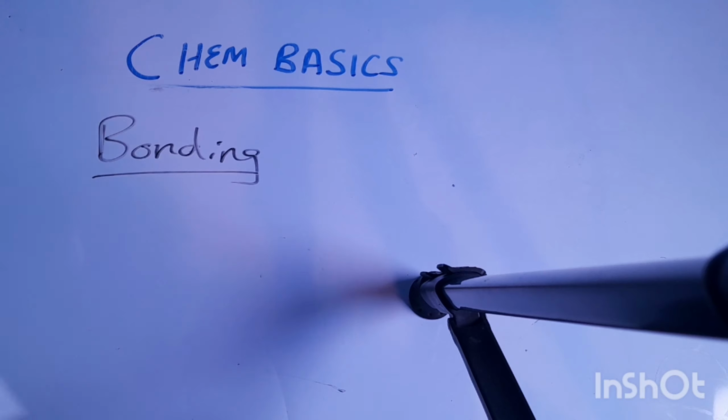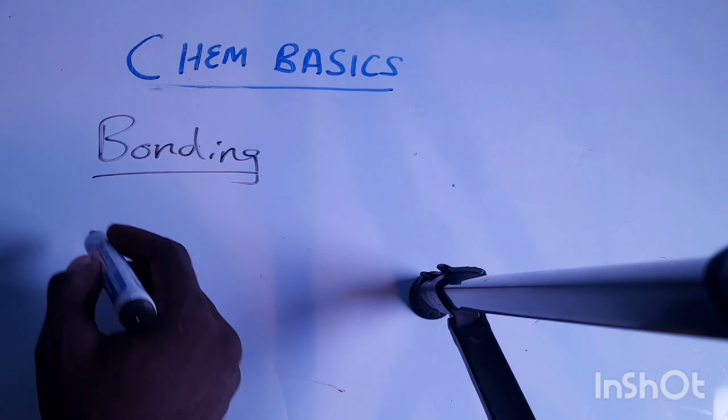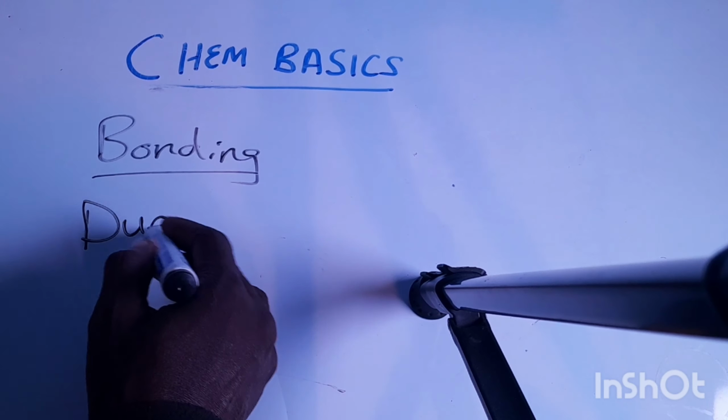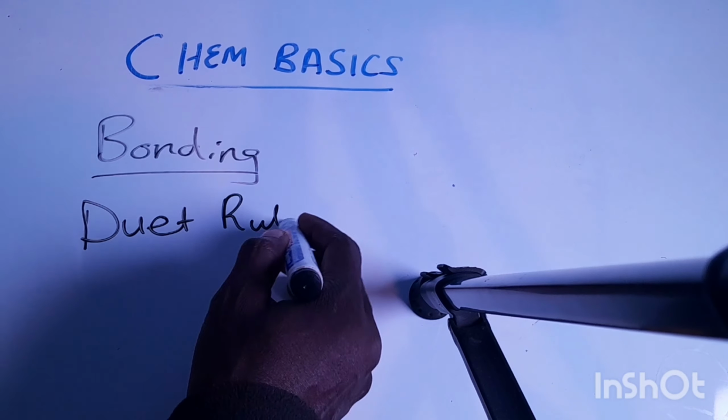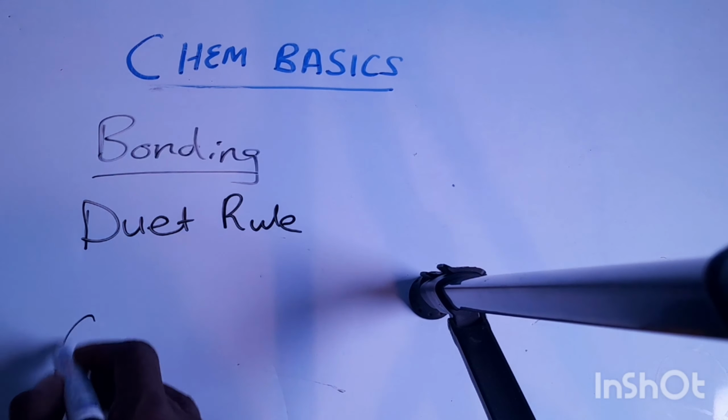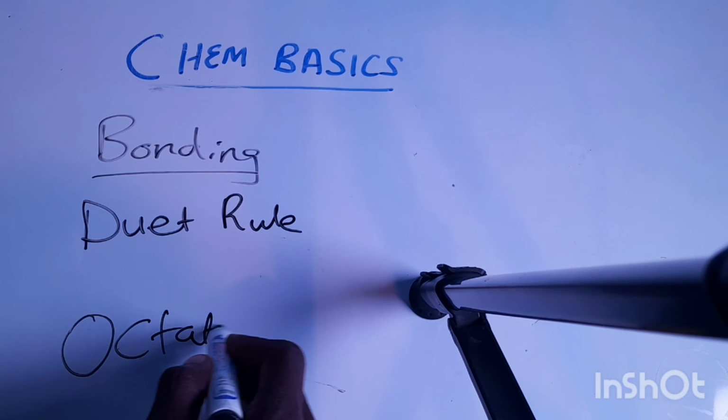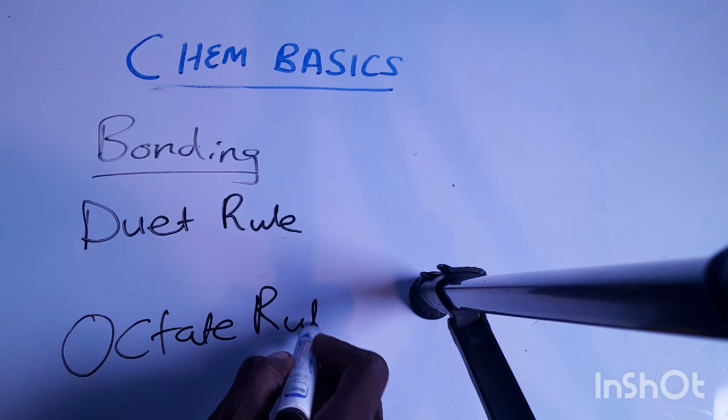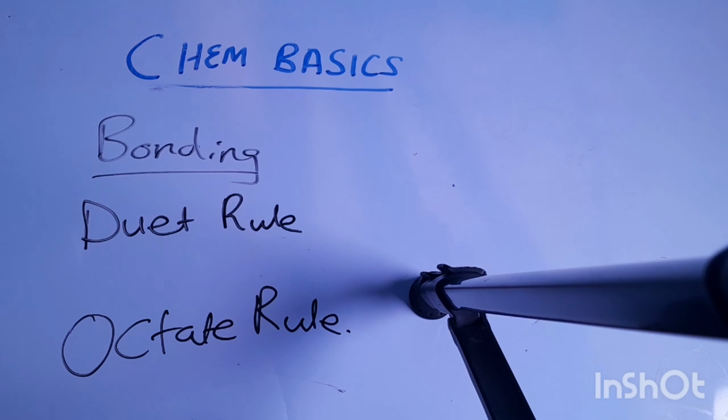For elements to bond, they follow one of two rules: the duet rule and the octet rule.